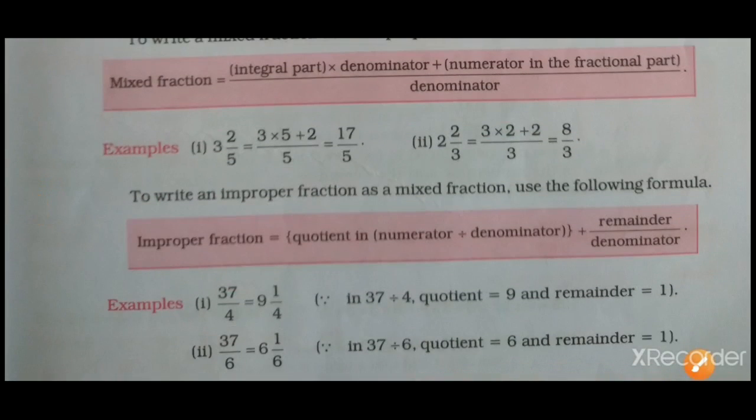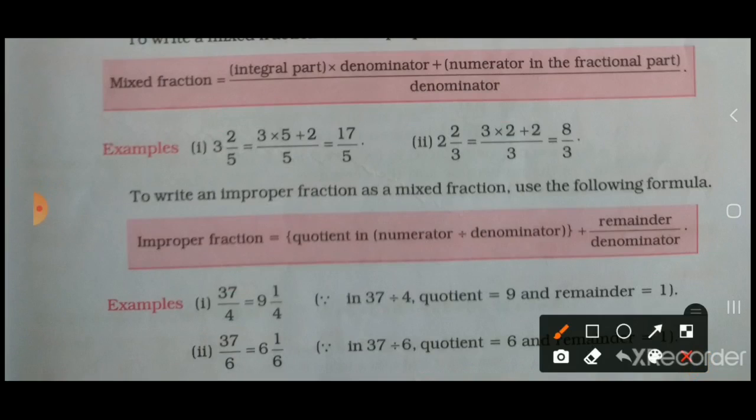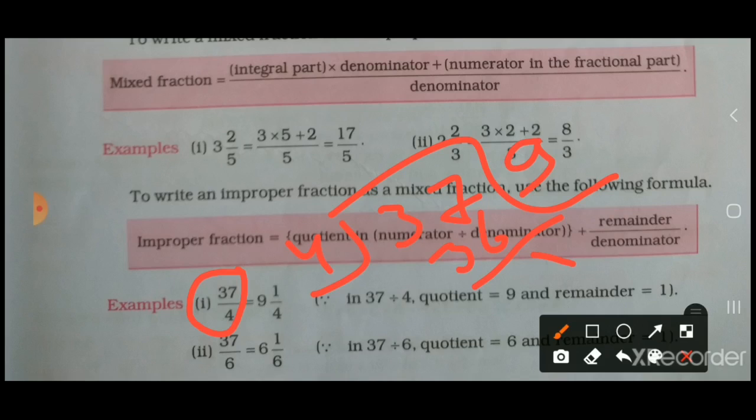If you have to convert an improper fraction into a mixed fraction, what will you do? For example, 37 upon 4. If you divide 37 by 4, what do you get? 4 nines are 36, and 1 is left as a remainder.